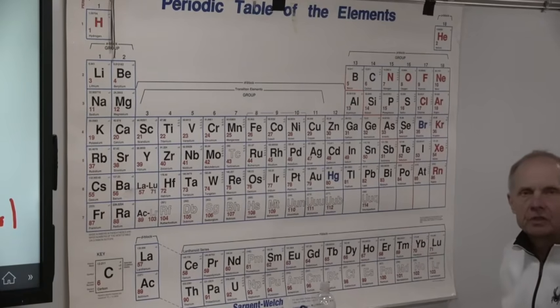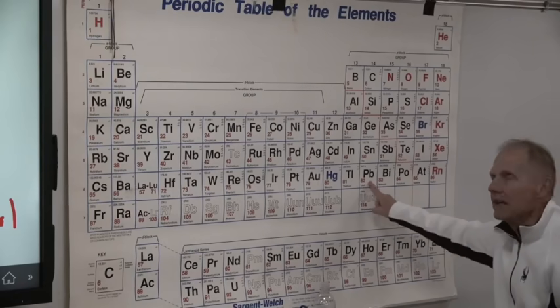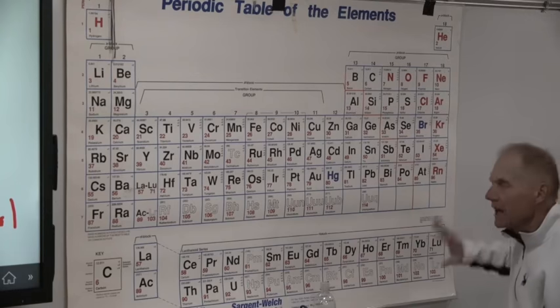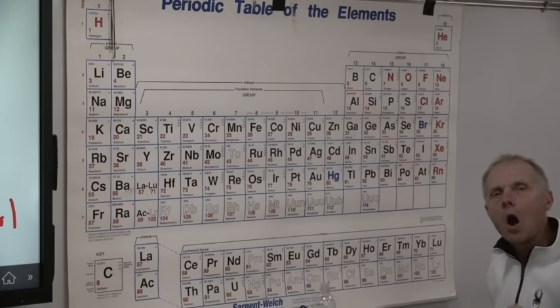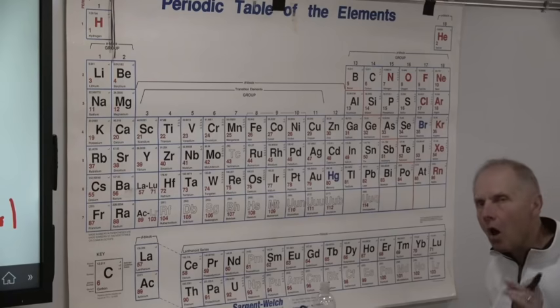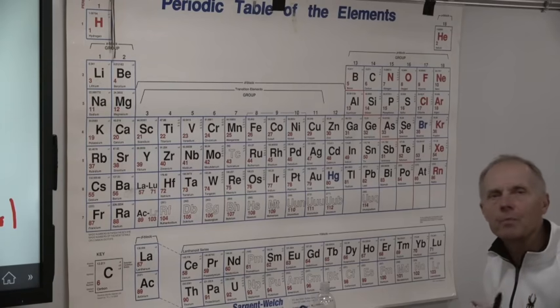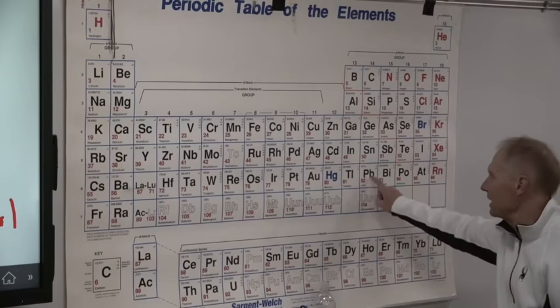The last non-radioactive element is lead. After atomic number 82, all the elements after atomic number 82 are radioactive, which means all of their isotopes are unstable and they spit out protons. So they're all radioactive after atomic number 82, which is lead.